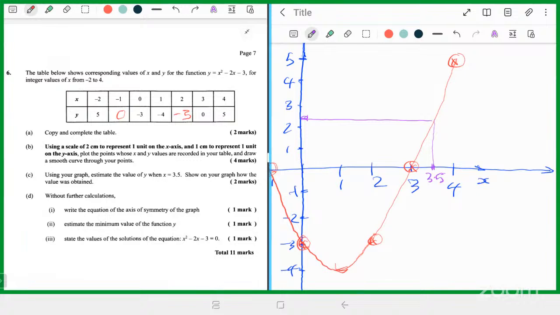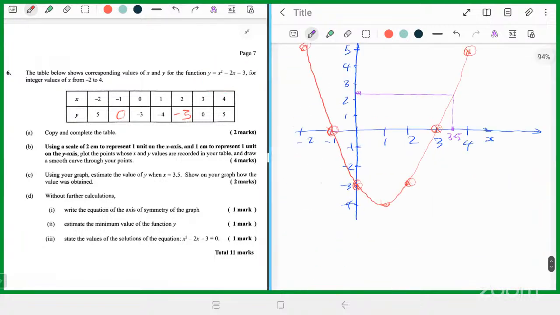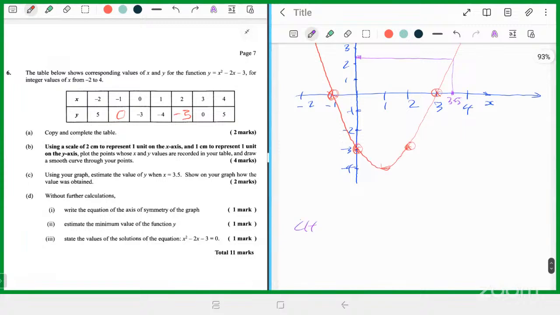But because I have the formula, I can check it by putting the 3.5 in the function to see what it actually is. I would do my little check on the side, not on the exam paper, because the question said you have to use the graph. But I would check to see what my calculation gives me. So at x equals 3.5, y is equal to 3.5 squared minus 2 times 3.5 minus 3.